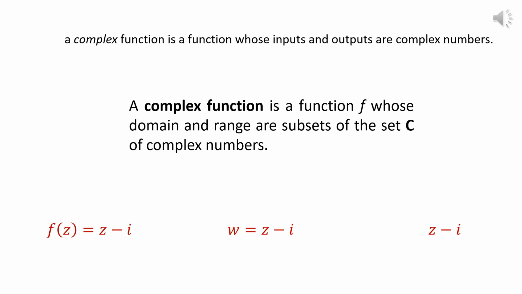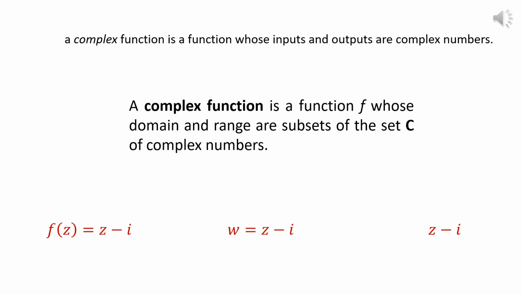Now let us define a complex function. A complex function is a function whose inputs and outputs are complex numbers. More formally, we can define a complex function as a function f whose domain and range are subsets of the set C of complex numbers.